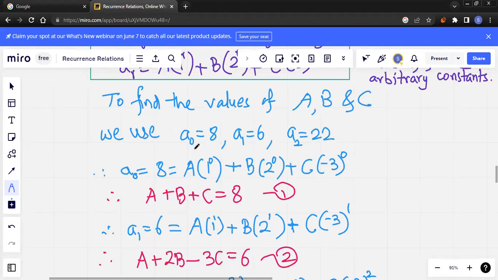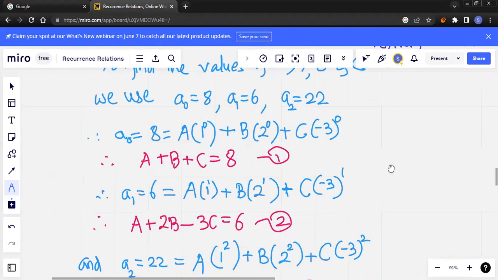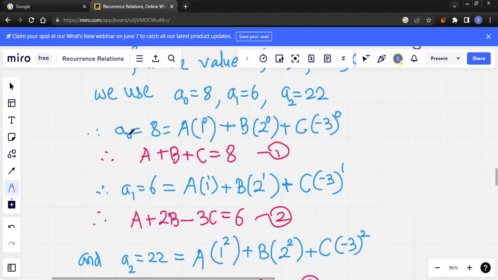The given initial condition is a0 is 8, a1 is 6 and a2 is 22. So putting r equal to 0, we'll get a0 equal to 8 equal to a into 1 raised to 0 plus b into 2 raised to 0 plus c into minus 3 raised to 0. Meaning thereby we got a plus b plus c equal to 8. This is our equation 1.